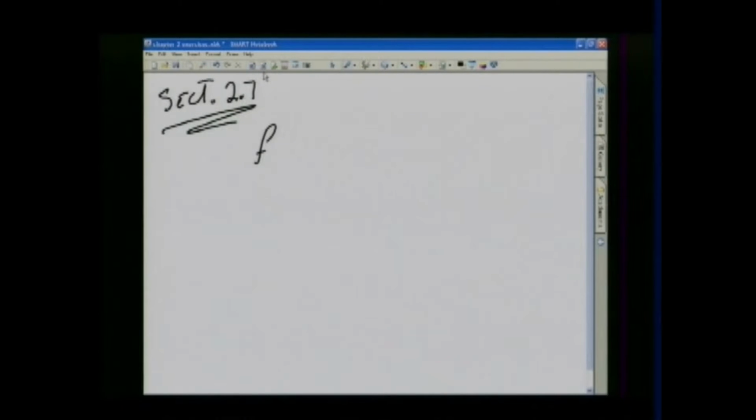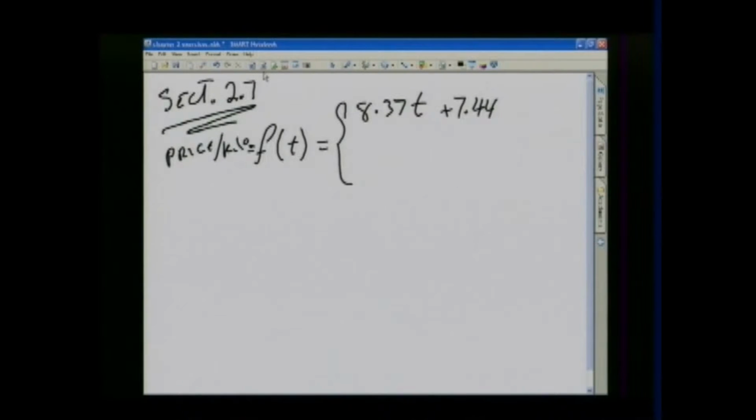This is f of t, and by the way, f of t is the price of ivory per kilo. That is equal to 8.37 t plus 7.44 if t is greater than or equal to 0 and less than or equal to 8.